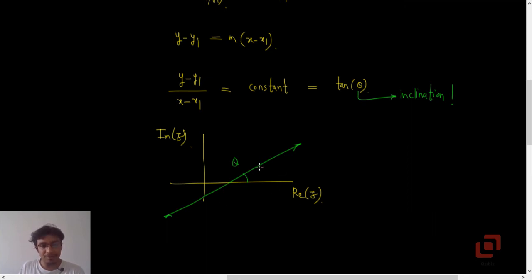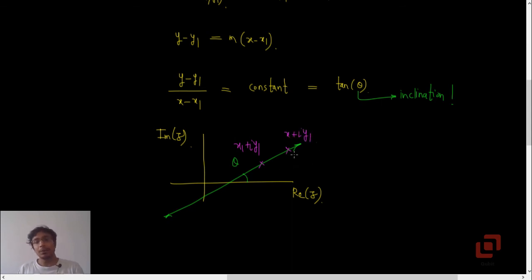Let's now locate the fixed point. Let it be this purple point, x1 comma y1, or let's not write the coordinates now. Let's say x1 plus i y1, and let this be the variable point x plus i y.